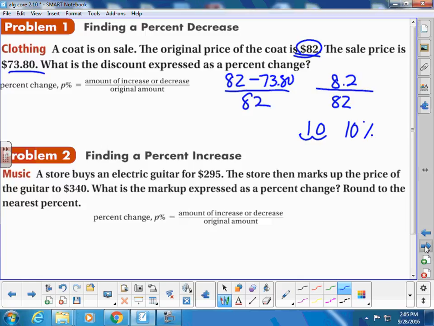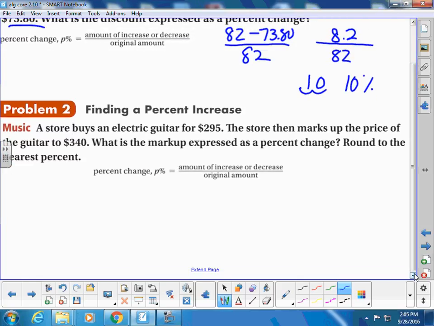So let's look at the next one. A store buys an electric guitar for $295. It marks it up to $340. So what's the difference? We started with $295 and we marked it up to $340.